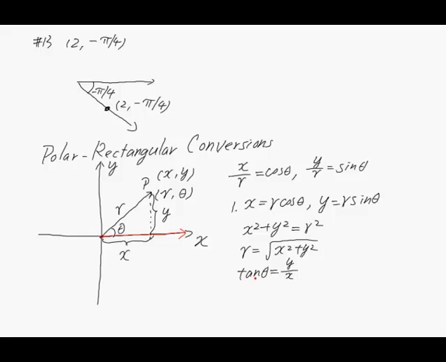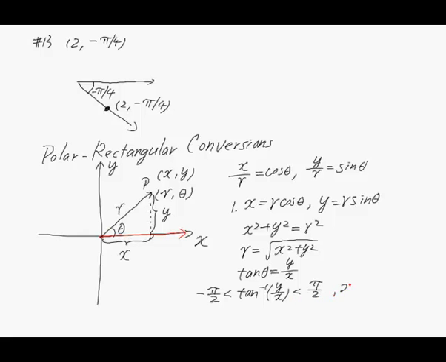If the point P is in quadrant 1 or quadrant 4, then we may have such a solution, since we know the inverse tangent of y over x is between negative half pi and half pi, right?